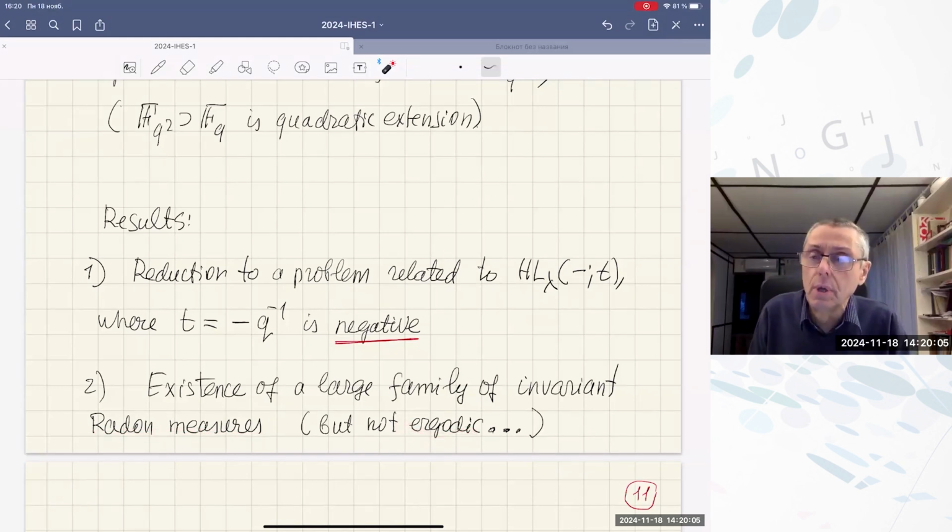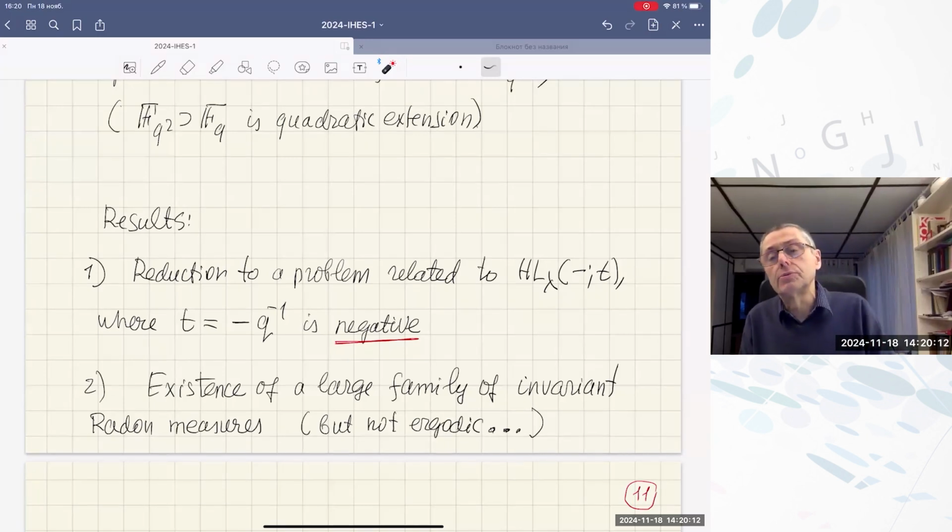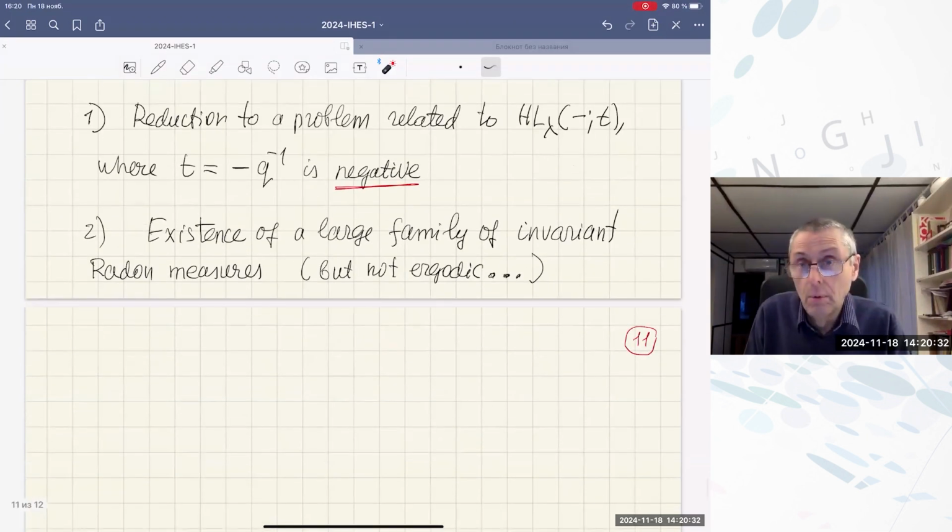They are not ergodic, but still we have some special examples of ergodic measures, which I think are interesting. And of course, there is a lot of work to do with other groups, even these unitary groups. So this is a direction which seems, at least to me, interesting. Well, I would like to stop at this moment. Thank you.